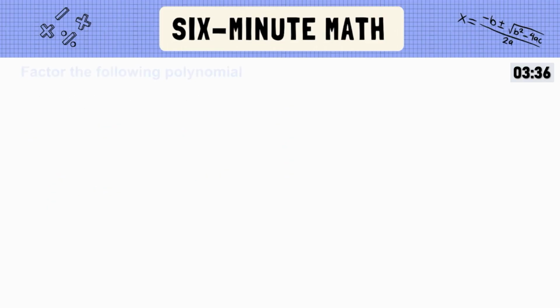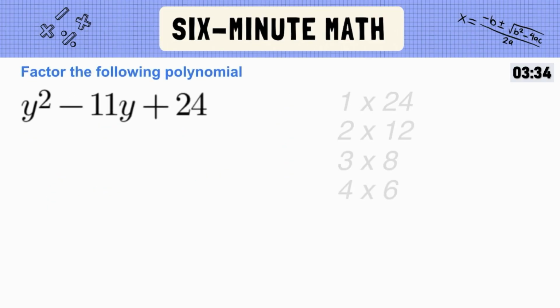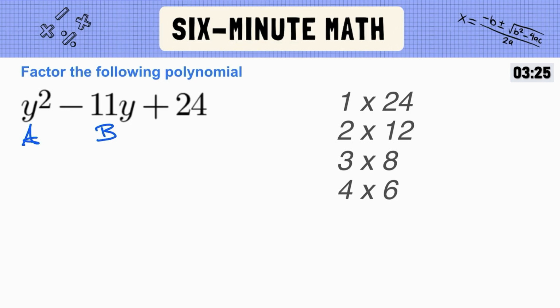Let's check out another example here. We're going to factor y squared minus 11y plus 24. And I already have my factor u there for that c value of 24. Now, this plus sign in front of my c value tells me I'm looking for two numbers that add to my b value. Those two numbers, after I do a scan, would be 3 and 8.